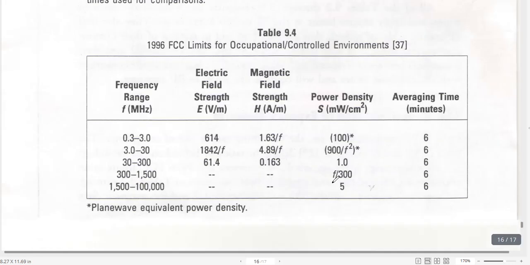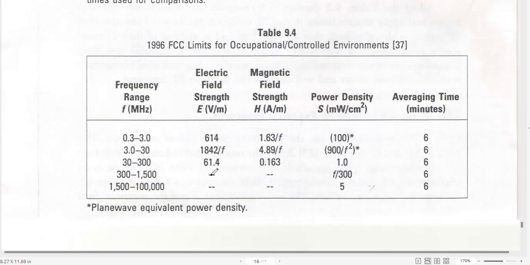You can see the power density here for 3 to 30 megahertz for occupational. We said that occupational or controlled means that people who know the effects and who can exercise control over their environment to reduce the radiation levels. The limit is 900 over the frequency squared in megahertz.